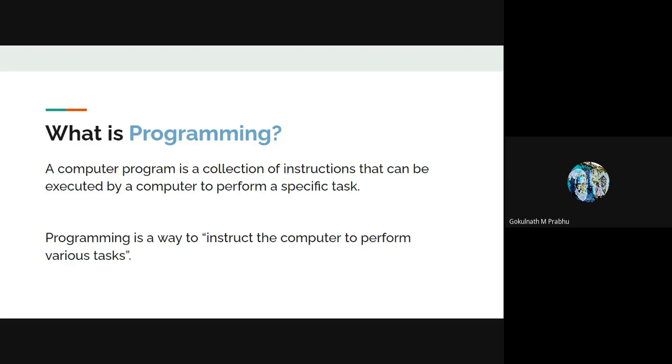And programming is a way to instruct the computer on how to perform these tasks. So there are various programming languages. We'll get to that later on. Yeah, so this is basically what programming means, and everything in a computer system is basically a program.